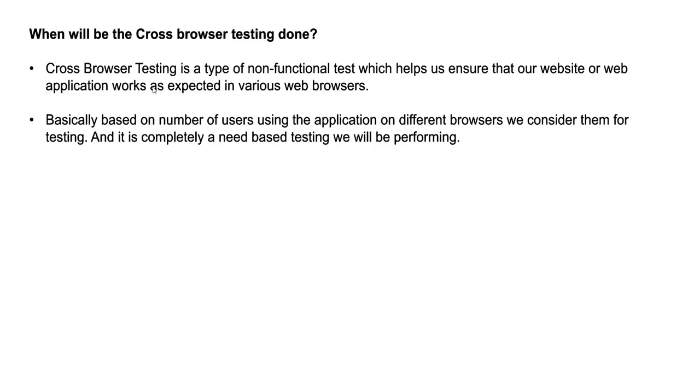For some browsers like Opera, the chances of people using them are less, so you can ignore those, but majorly what people choose to use, you can consider while testing.